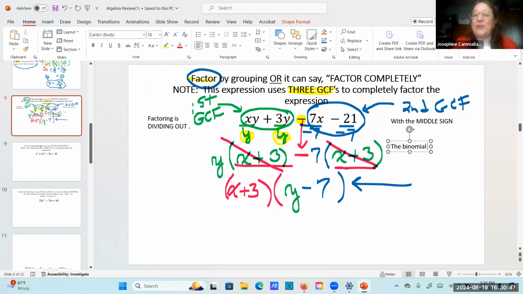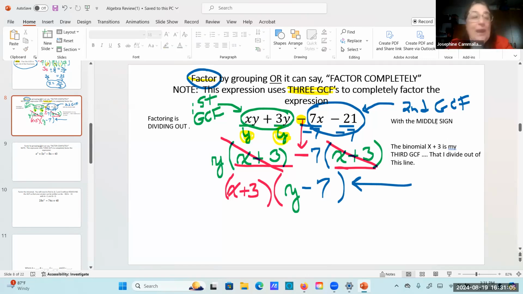The binomial x plus 3 is my third GCF that I divide out of this line. Now, before I go any further, are there questions?